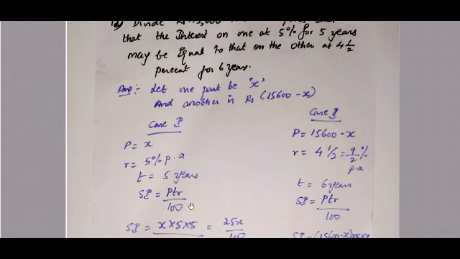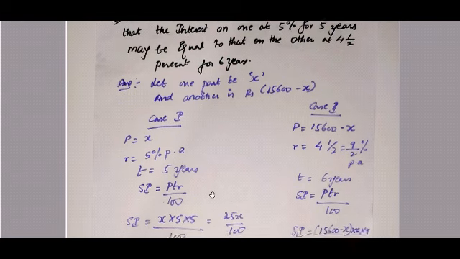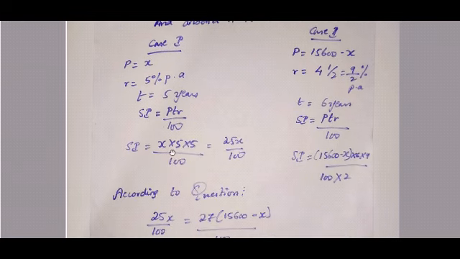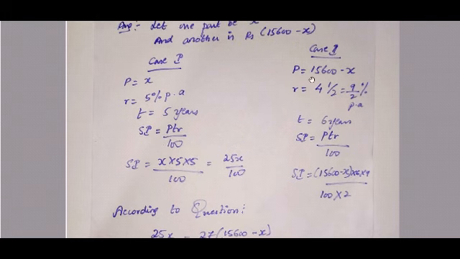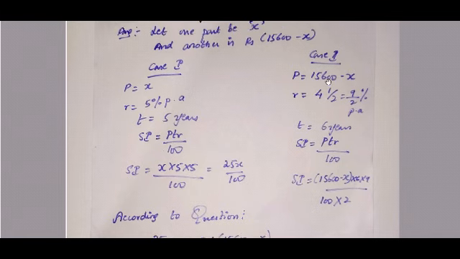T, they have given as 5 years. So simple interest is equal to PTR by 100. Simple interest is equal to X into 5 into 5 divided by 100, which is 25x divided by 100.